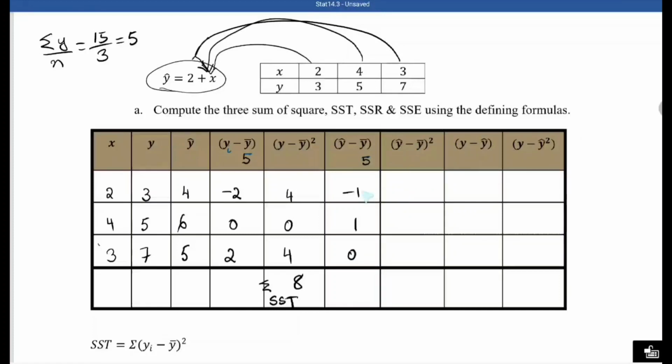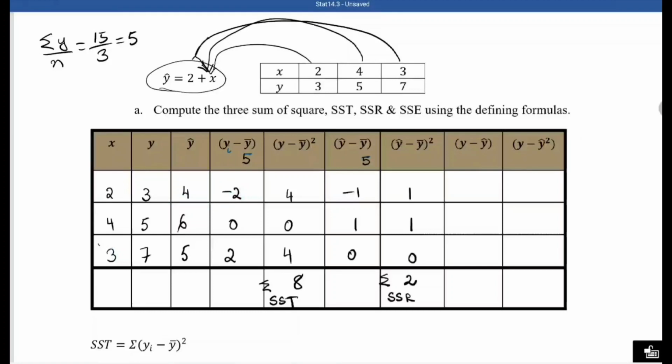You have to square it. So negative 1 squared is a 1, 1 squared is a 1, 0. So it's 2, all right? And that's your SSR, the sum of y hat minus y bar whole squared, which has a value of 2. And then the final one is to find SSE.